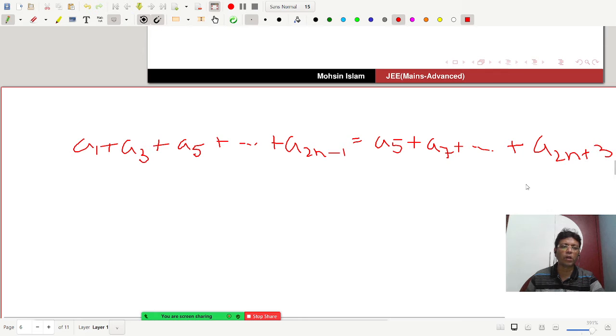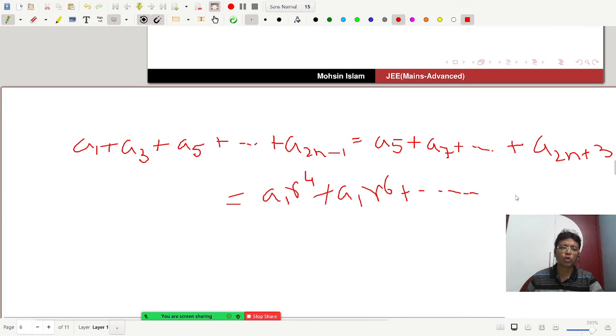These two summations are equal. So now I'm writing a5 as a1 r to the power 4, and a7 as a1 r to the power 6, correct?